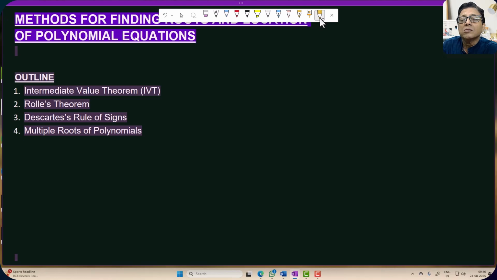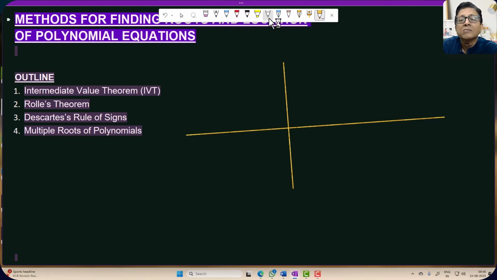Suppose a polynomial, y equal to f(x), when you plot the graph of the polynomial, it is intersecting the axis at these points. As I told you, these are roots of the polynomial.